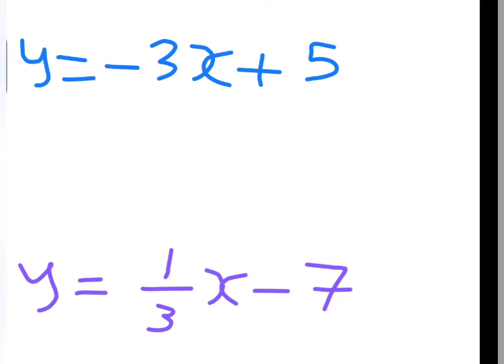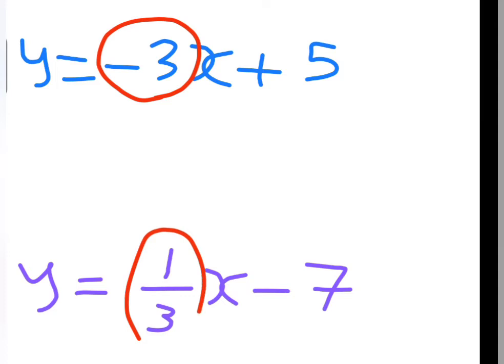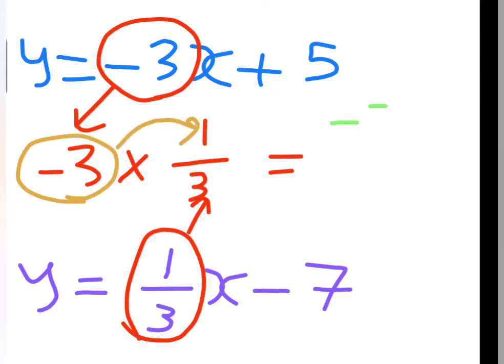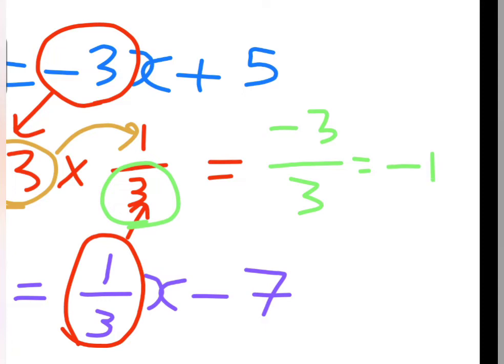If we take a look at the two gradients, this gradient and this gradient, if we take them and multiply them by each other, negative 3 times 1 over 3 equals, when we multiply these by each other, we multiply negative 3 by 1, it's going to be negative 3, divided by 3 equals negative 1.